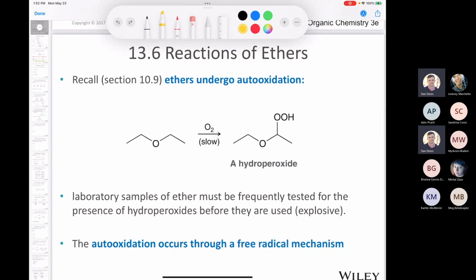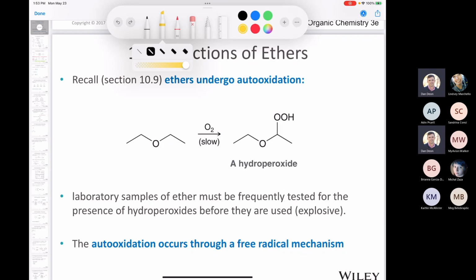You don't have to know really about auto-oxidation. The only thing I ask you to know about auto-oxidation is, so diethyl ether, I told you it had a really low boiling point, right? The boiling point we said was what, 35 degrees Celsius? So extremely low boiling point.